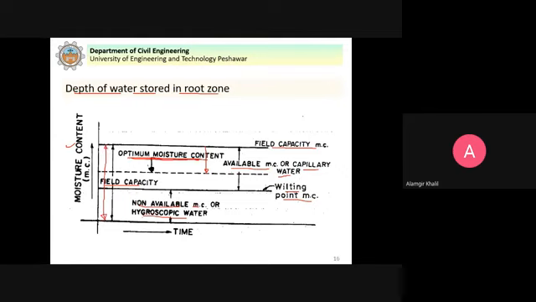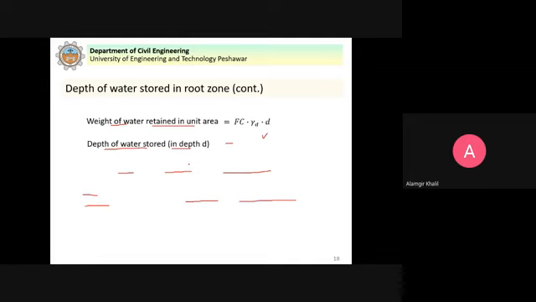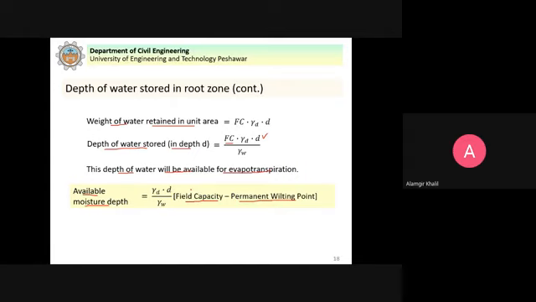But the depth that will actually be available in the root zone to the crops will be the field capacity minus the wilting point. That will be the available moisture content. So that's why this is actually the available moisture content.